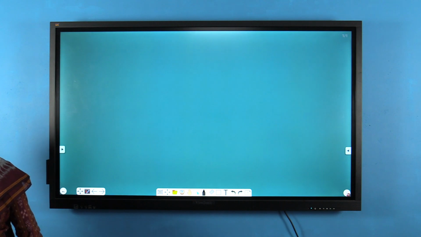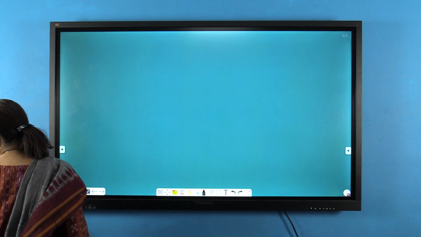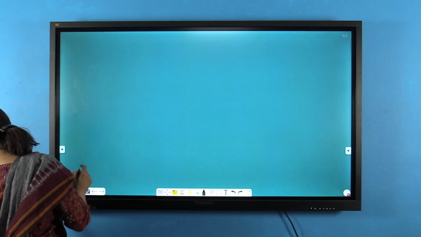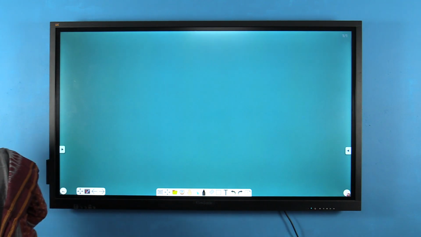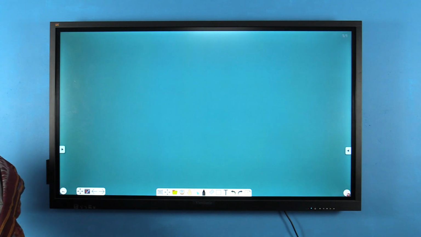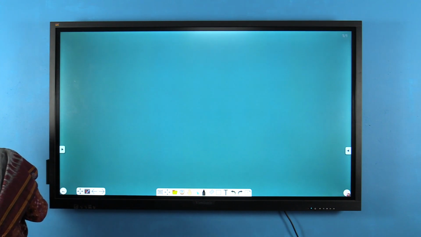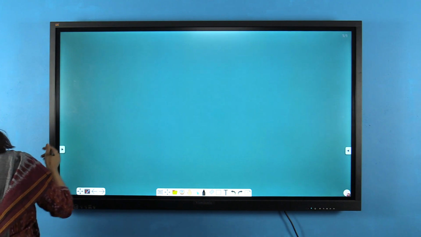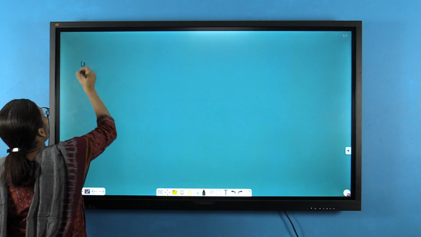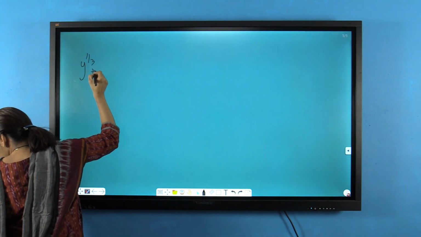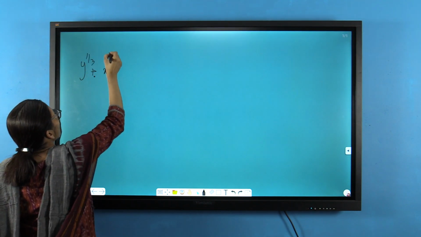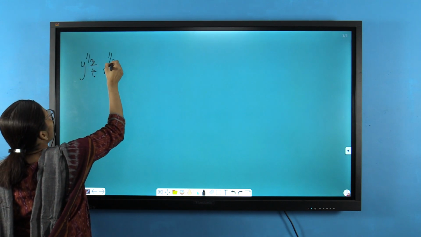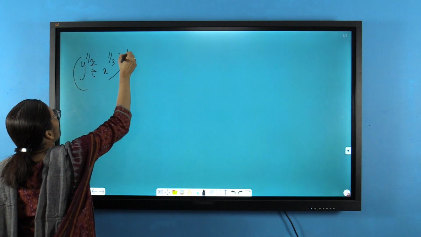Okay. This one, find the sixth term in y raised to 1 by 3 plus x raised to 1 by 2 plus y raised to 1 by 3, the whole raised to 10.